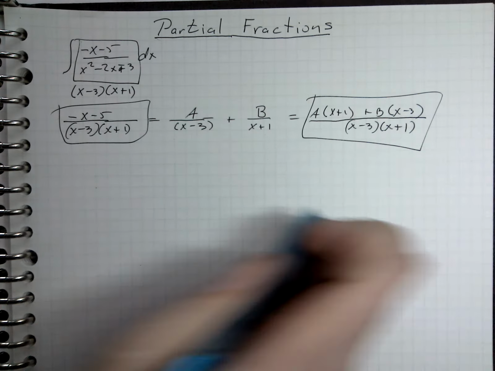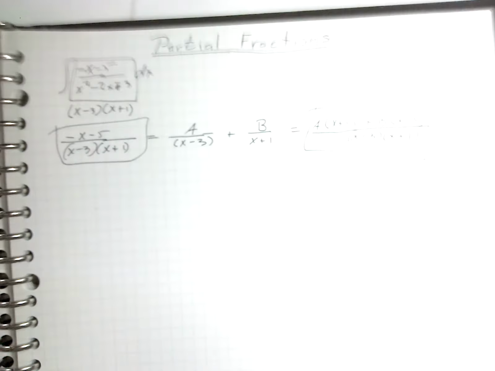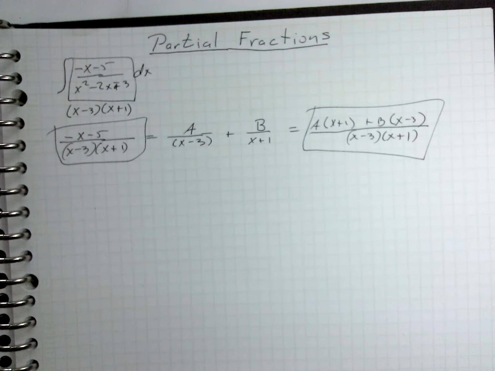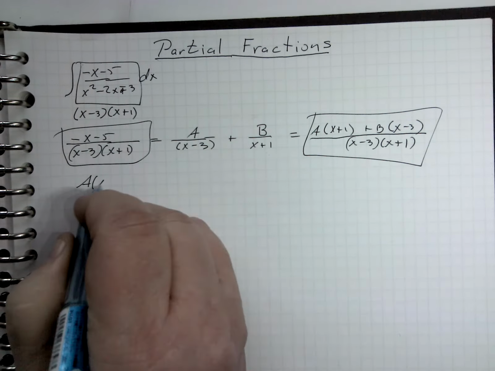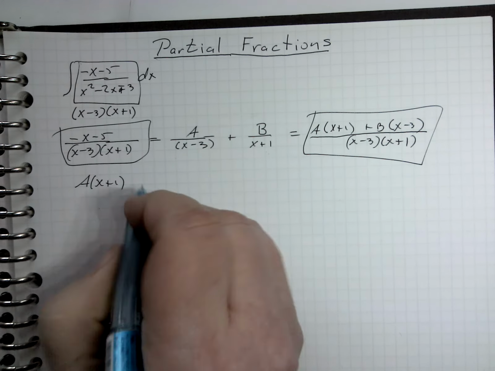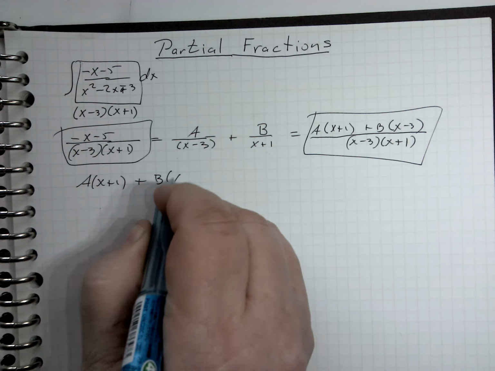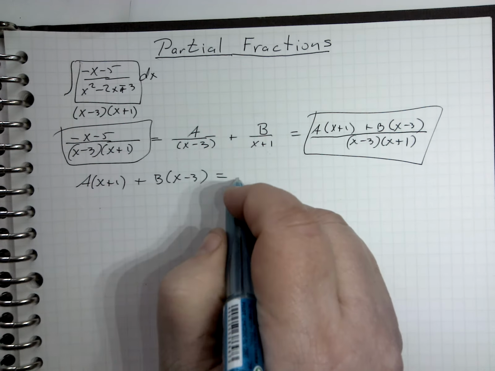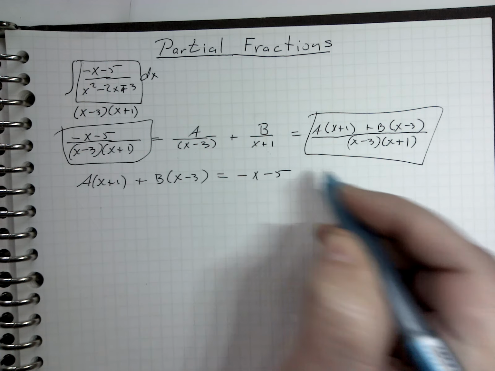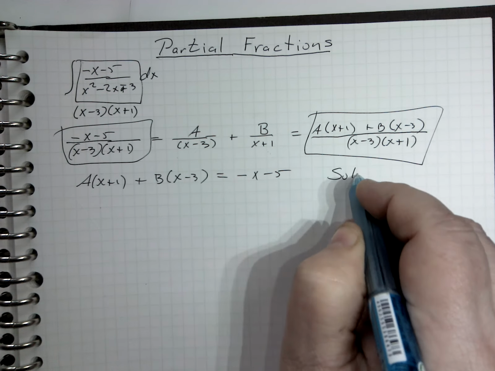So A times x plus 1 plus B times x minus 3 has to equal the top over here, negative x minus 5. So now we need to solve for A and B.